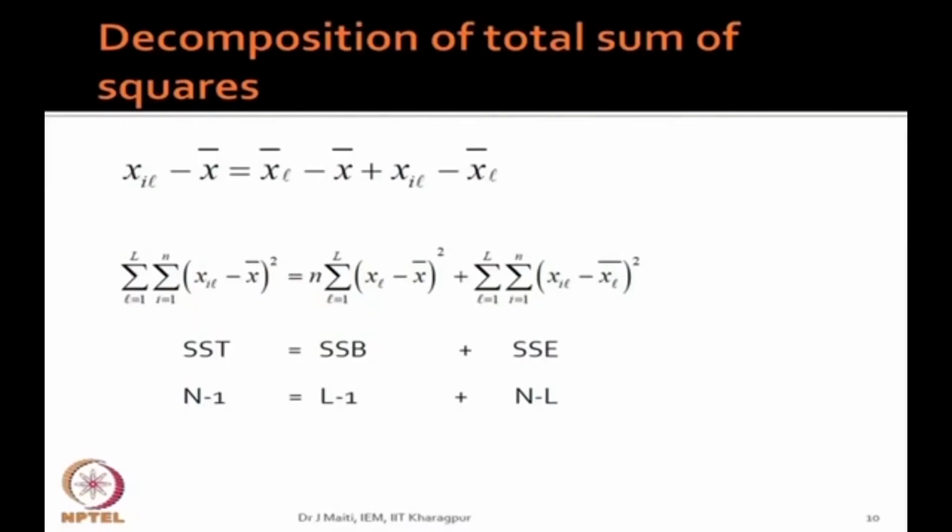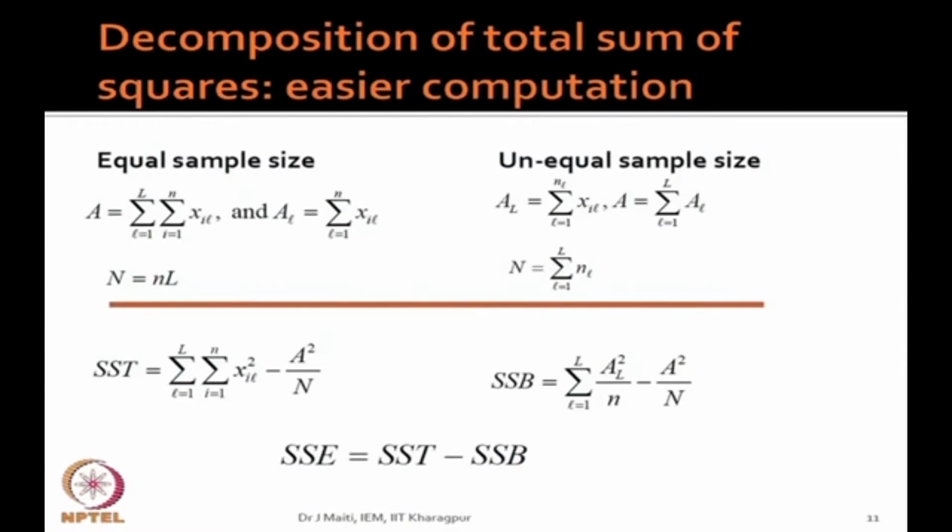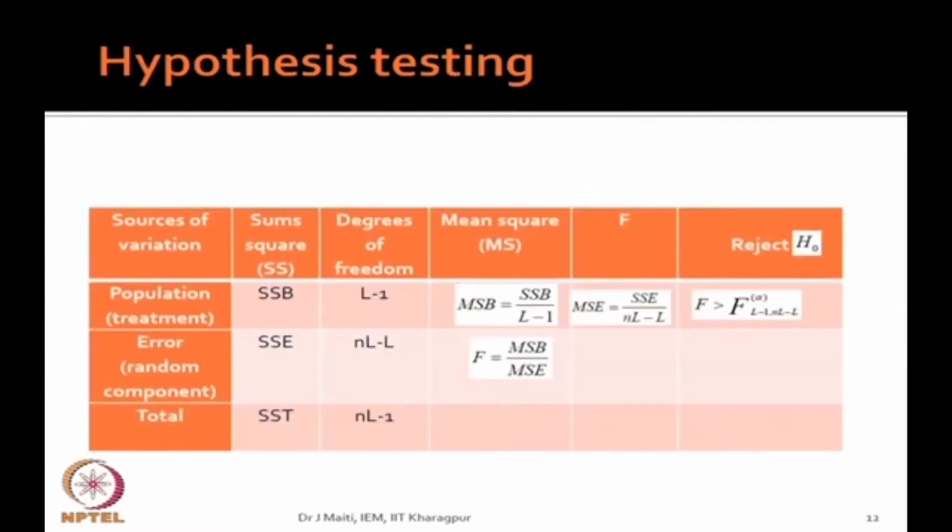This total concept, whatever we have discussed so far, can be seen in a table known as the ANOVA table. Whenever you go through any textbook on ANOVA or any software you use for ANOVA, you will find a table, known as the ANOVA table, which is very popular.